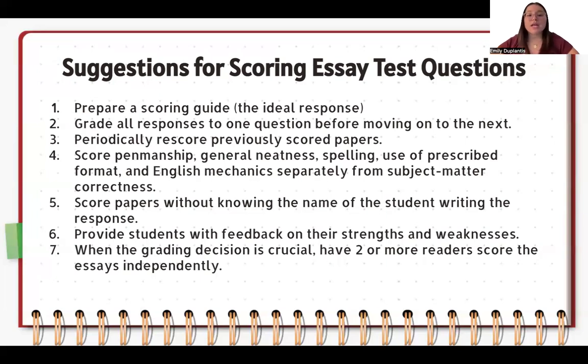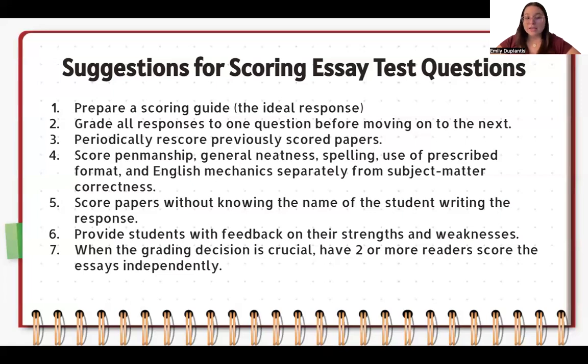2, grade all responses to one question before moving on to the next. So, okay, like I said, if we have essay questions attached to tests, which most of the time they are, but sometimes we have standalone essays that we do a lot in ELA. But you'll have some questions, right? Multiple choice, fill in the blank, whatever. And then we've got maybe 2 to 3 written response questions.